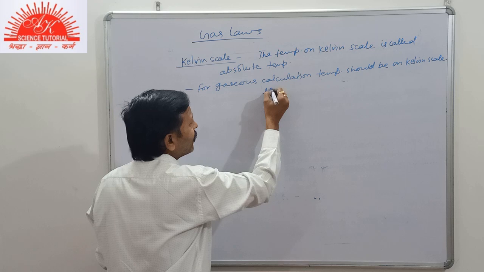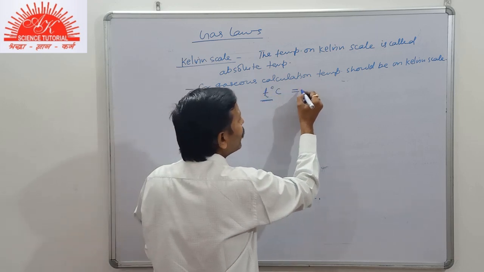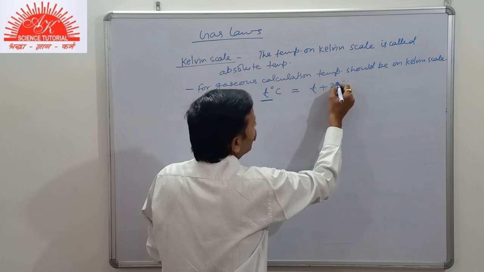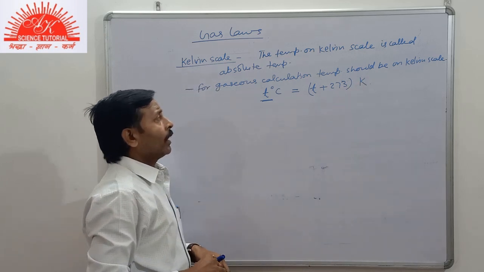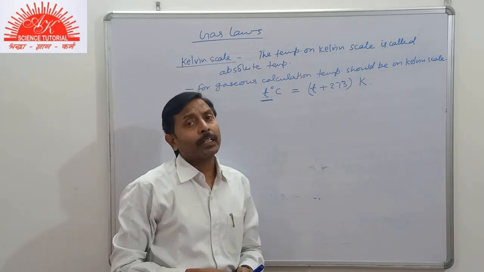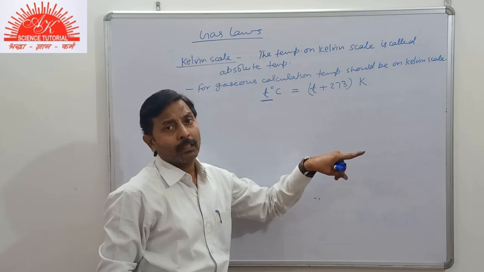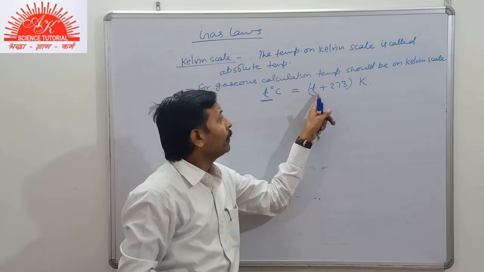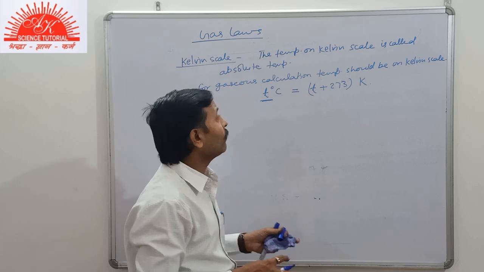If there is a temperature of T degrees Celsius, then on Kelvin it is T plus 273 Kelvin. Temperature should be converted to Kelvin because 0 Kelvin is equal to minus 273 Celsius, so whatever the value on Celsius above 0, it will be added to 273. So this is the conversion.